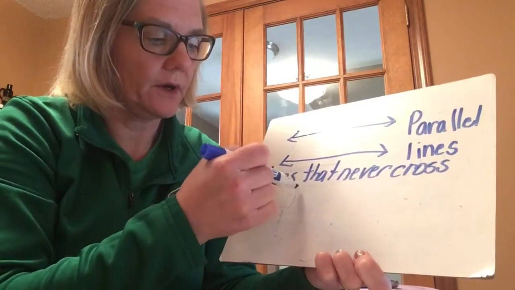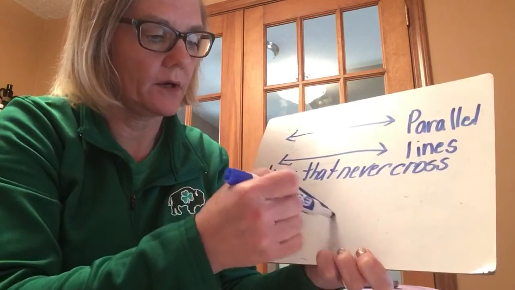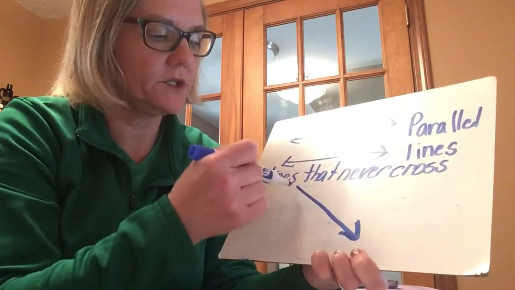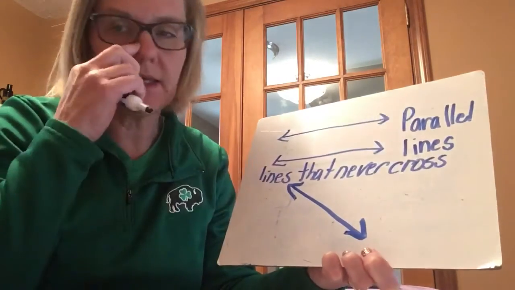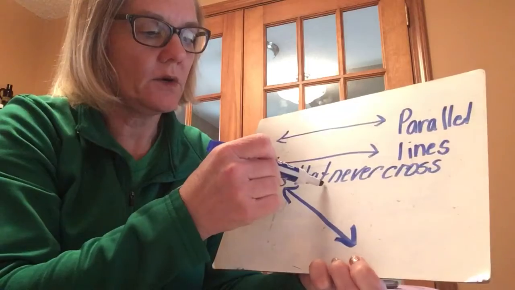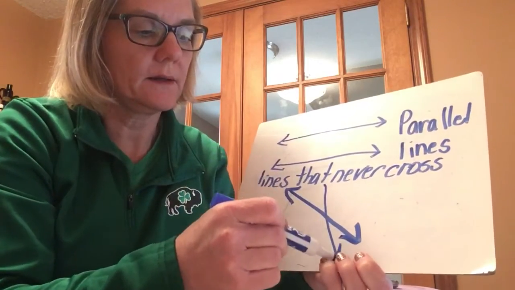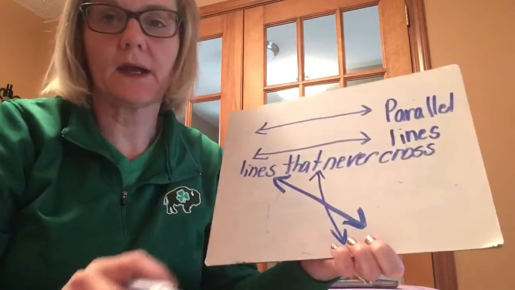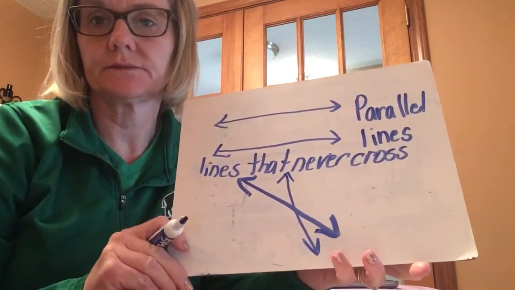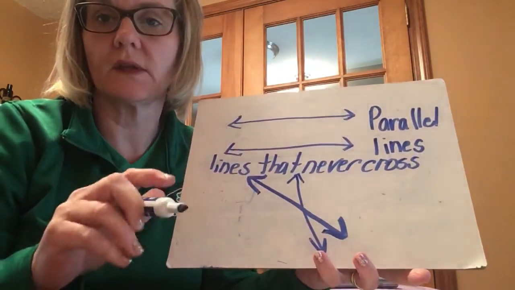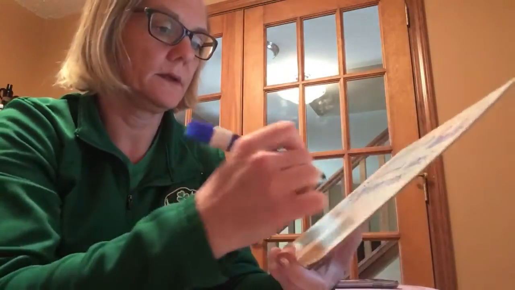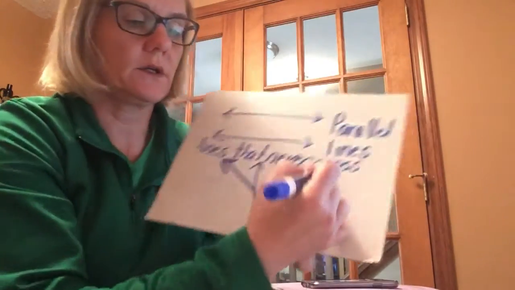Another type of lines that we're going to come across are something called intersecting lines. And these you would see kind of like on a street. They're intersecting, so you would see these two things that would cross. So here, let me do this.